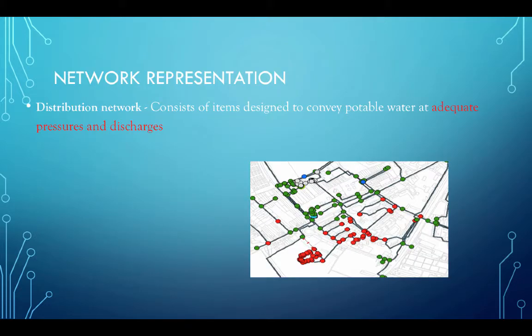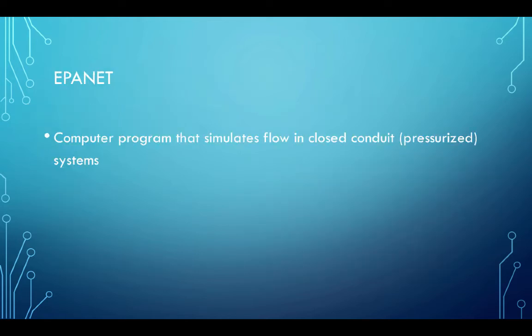The modeling software represents a distribution network, and it's comprised of items that are intended to convey potable water at adequate pressures and discharges: tanks, pumps, pipes, valves, other fittings, meters, and other appurtenances.